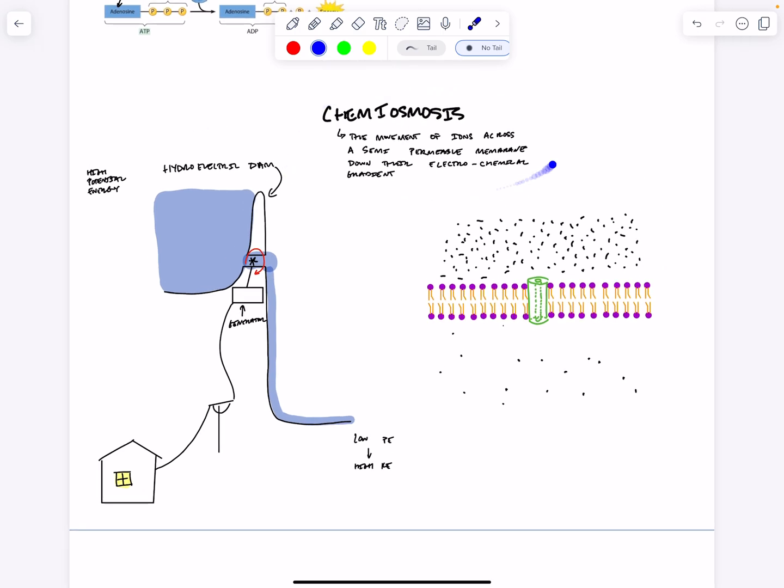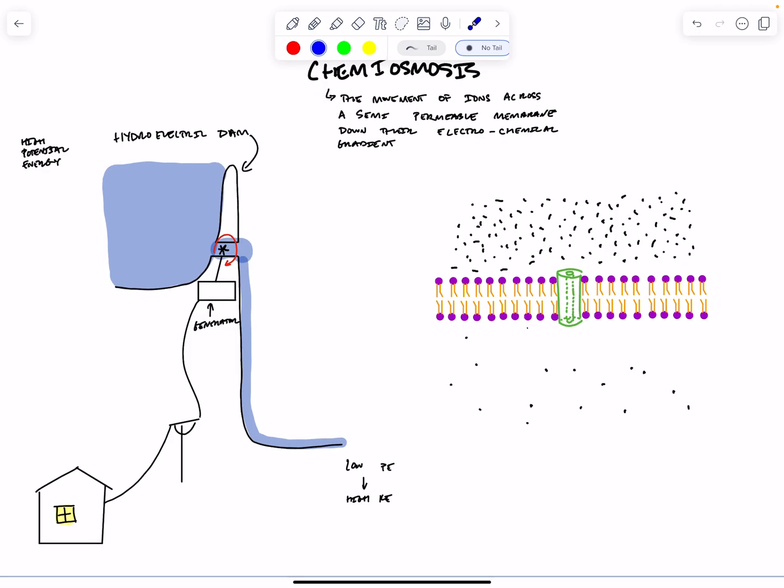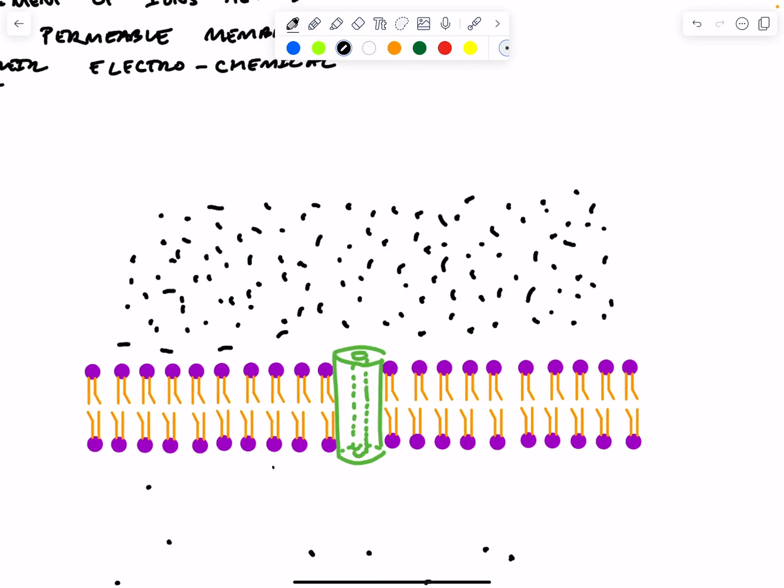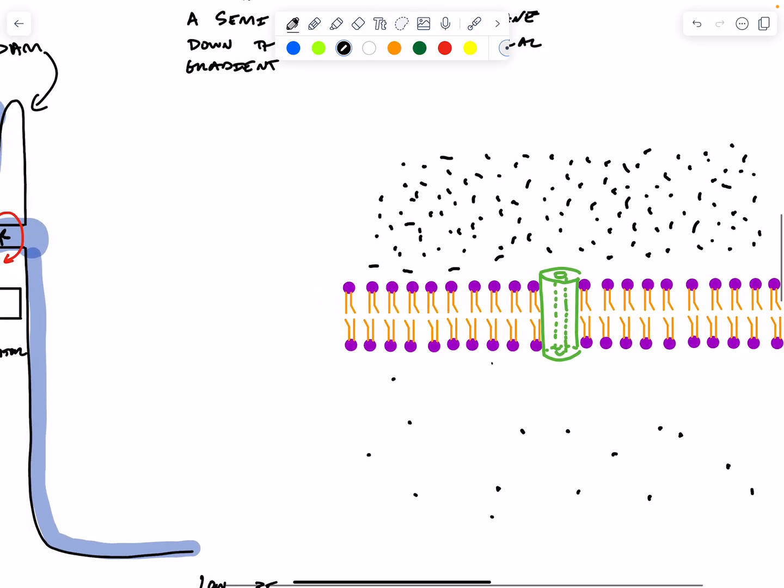Okay, chemiosmosis is using this same concept, but instead of a hydroelectric dam, our dam is a cell membrane. And instead of water on one side or the other, the concentration gradient is ions. In this case, it's hydrogen ions, H+.